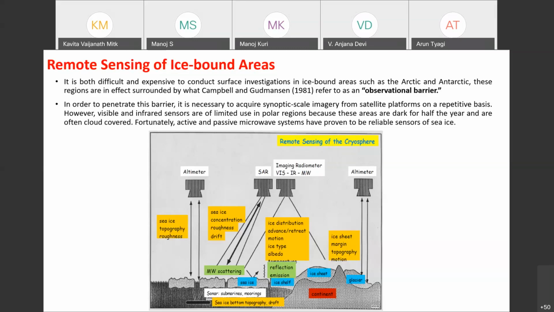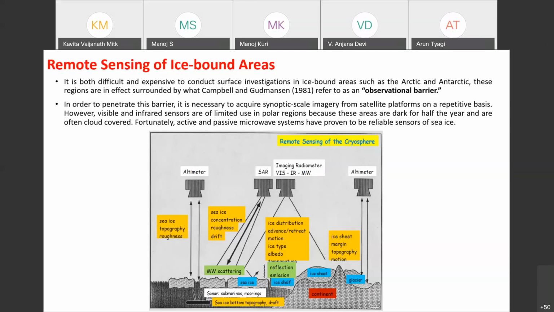So what are the techniques that we use in remote sensing for monitoring of these polar regions? You can see we use passive microwave radiometers. The parameters we derive from passive microwave radiometers are ice distribution, advance and retreat motion or velocity, ice depths and albedo. Then for active microwave remote sensing, we have SAR.